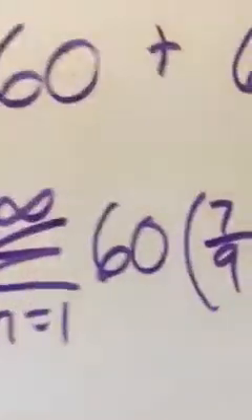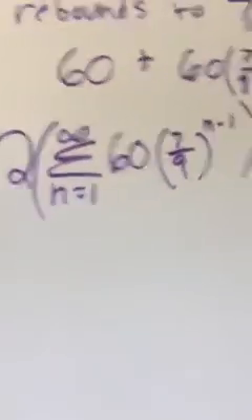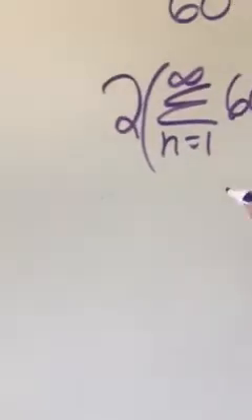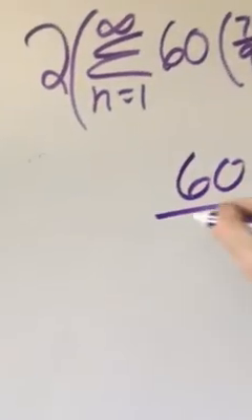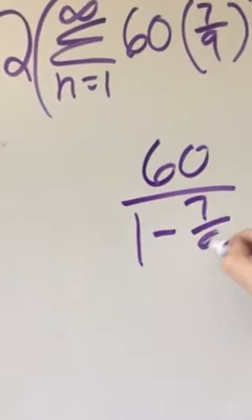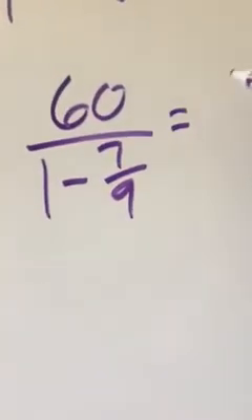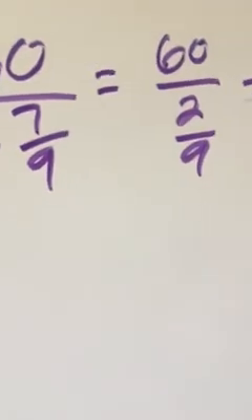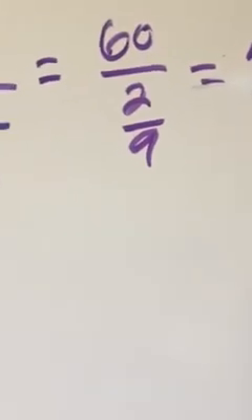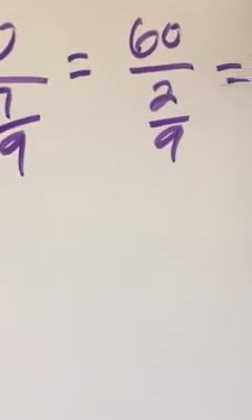We use our infinite sum formula, which is the limit of our partial sum formula. So we get a1, which is 60, that's our first term, over 1 minus r, 7/9. That's equal to 60 over 2/9, which is equal to 540 over 2. I just copied it out flipped, right?